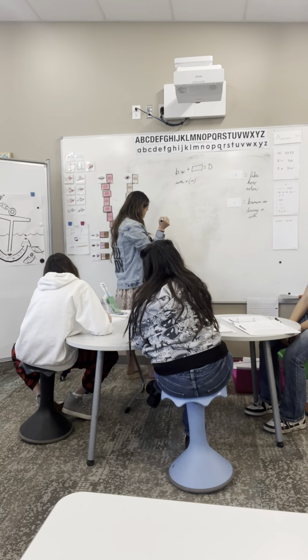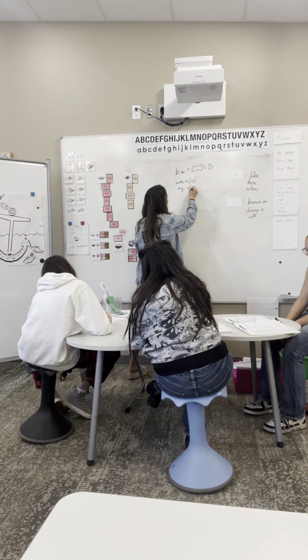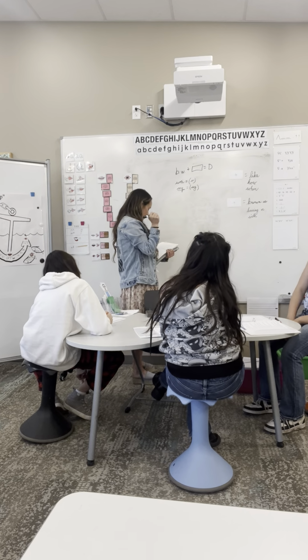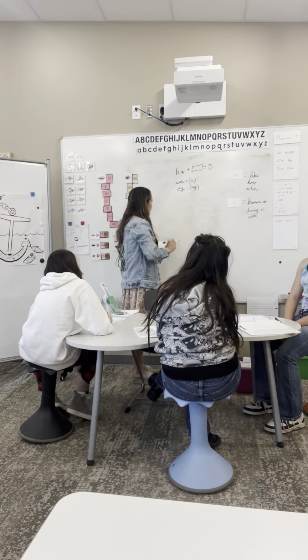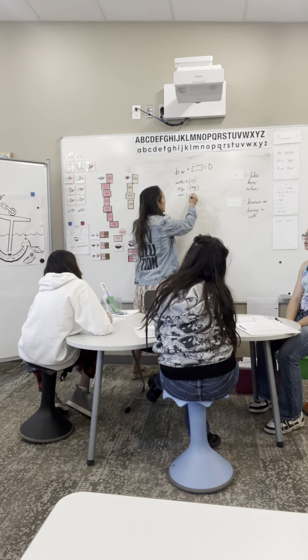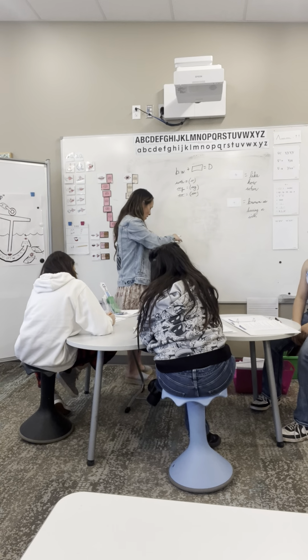If you see an AY, you are going to read it A, underline digraph AY. If you see OO, you are going to read it OO, underline digraph OO.